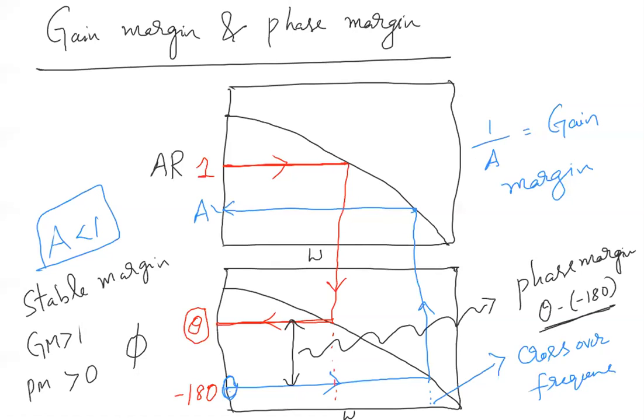So what is gain margin? For gain margin, equate the phase angle to minus 180 and calculate the frequency.